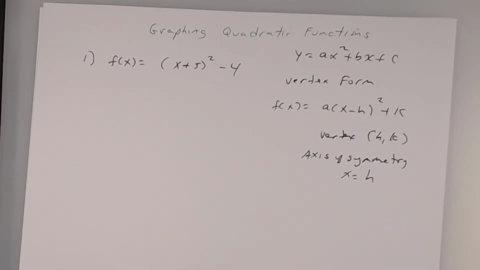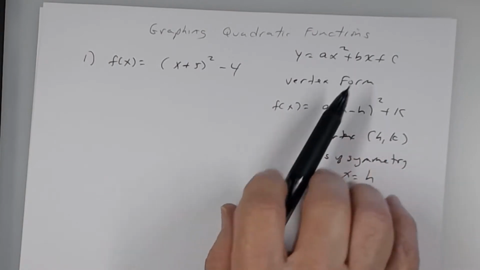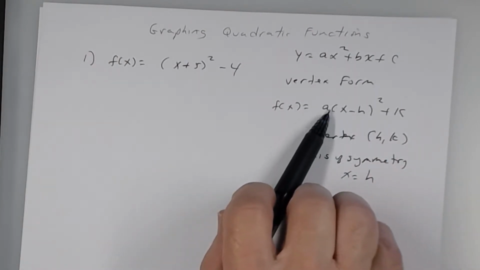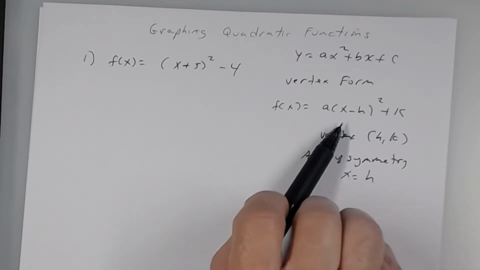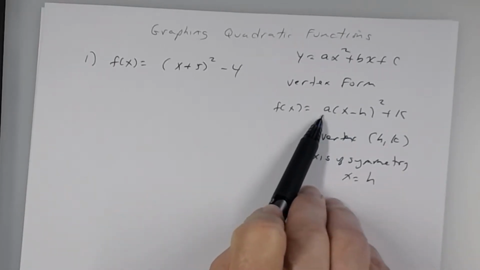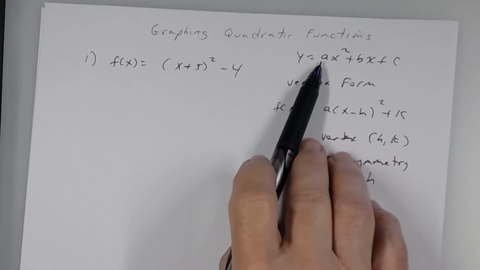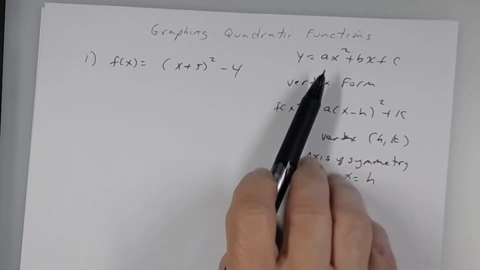Oh, and the other thing I could ask you is this, now remember the graph is a parabola, right? So is the parabola opening up or down? We had that conversation in last class period. What determines whether the parabola opens up or down? A determines, in both cases, whether the parabola opens up or down.